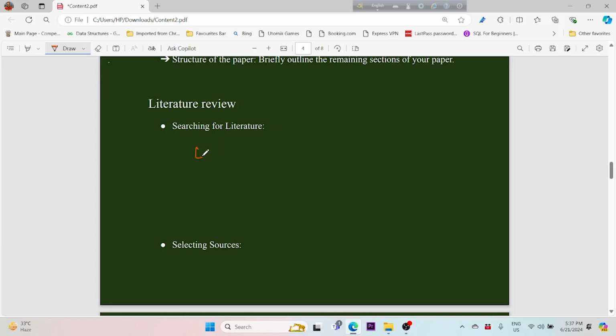So utilize filters. Here you filters like publication date, methodology, and study population.